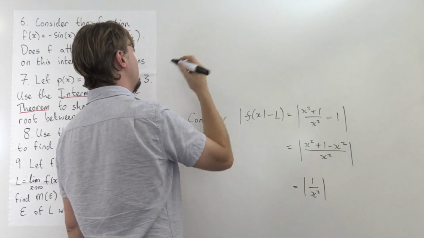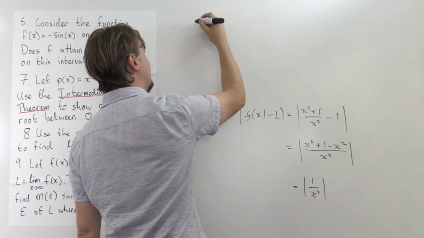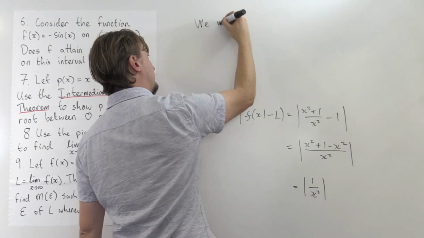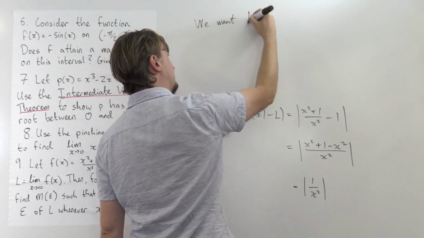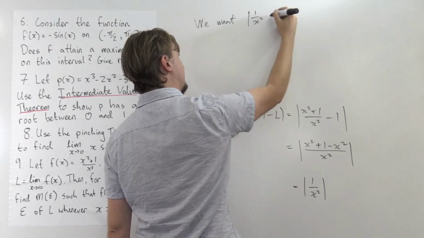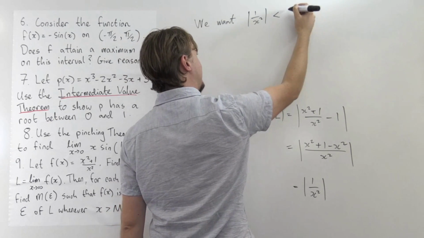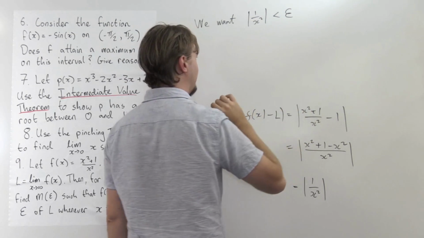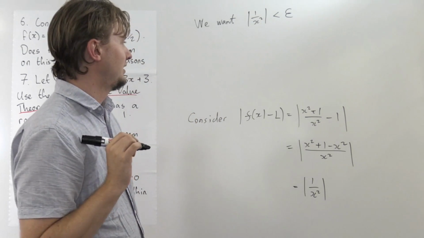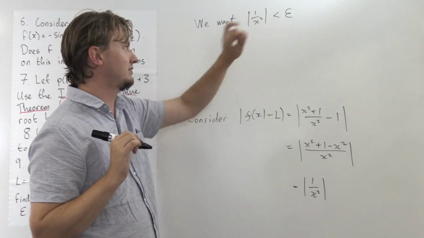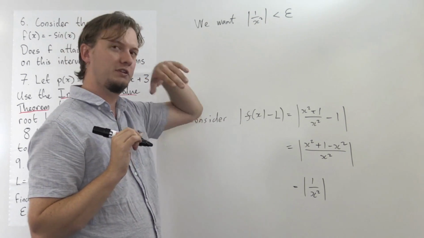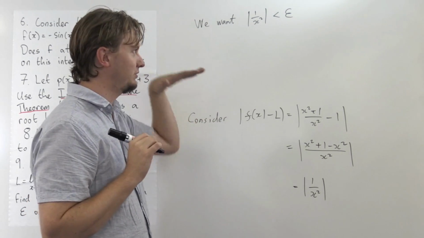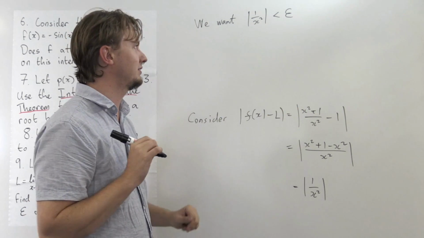Right, so the way I was thinking to explain this is we want 1 over x squared to be less than epsilon. And the nice thing about this is it's a monotonic decreasing function. This function just continues to go down as we head towards plus infinity.